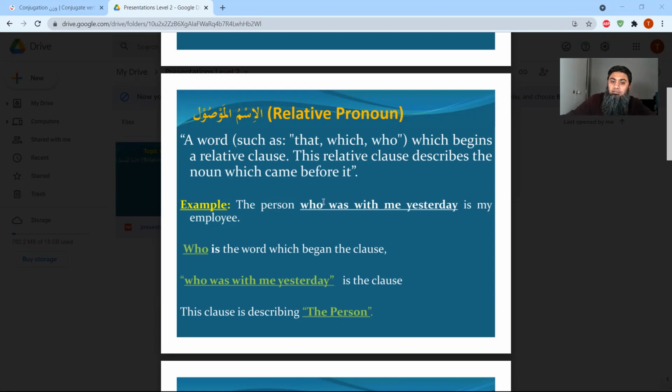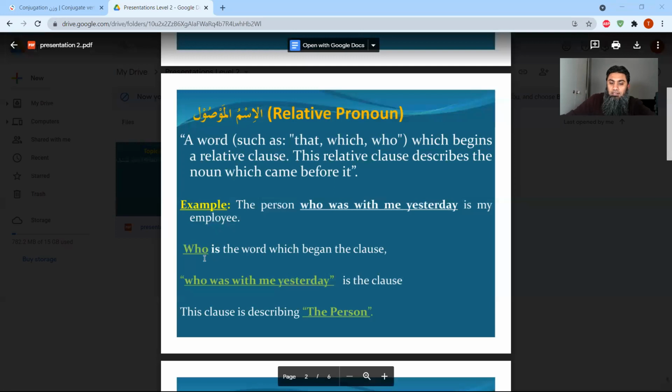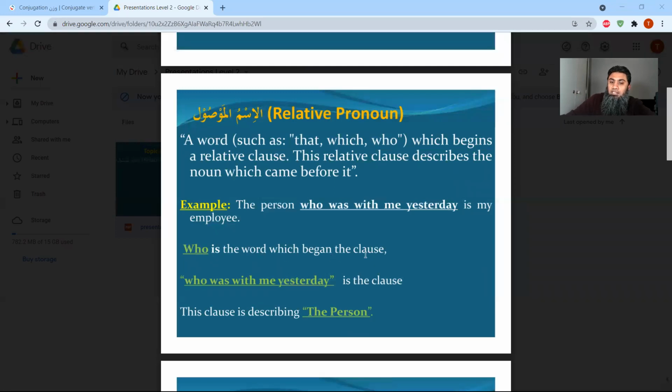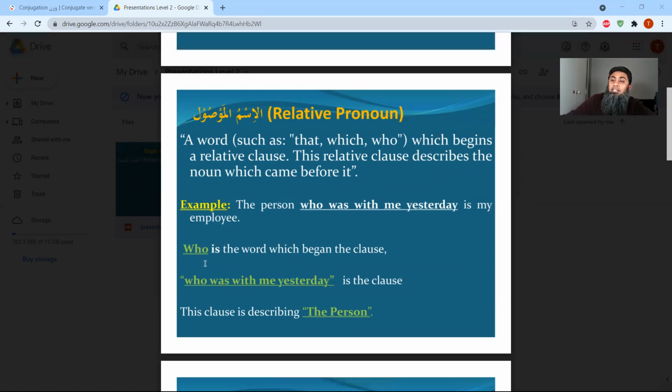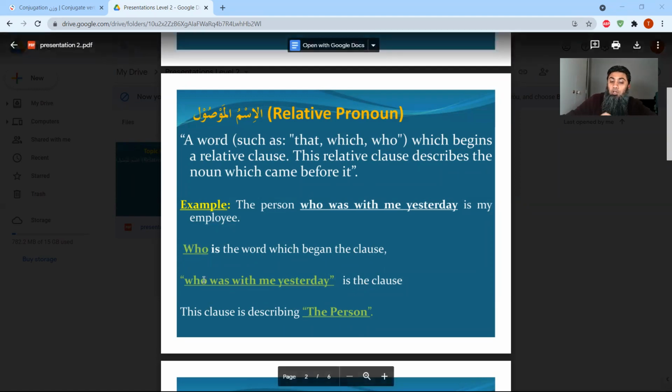In other words, this word who is a relative pronoun, and this whole thing is called relative clause. Who is the word which began the clause. So this word who will be called ismul mawsul. And this whole clause, who was with me yesterday, is called relative clause.